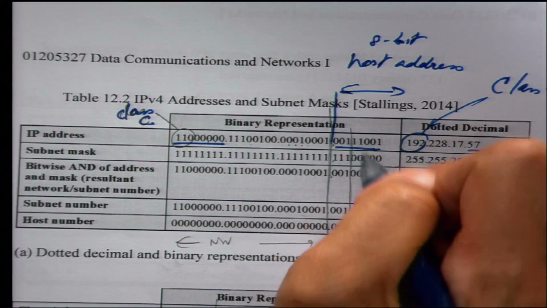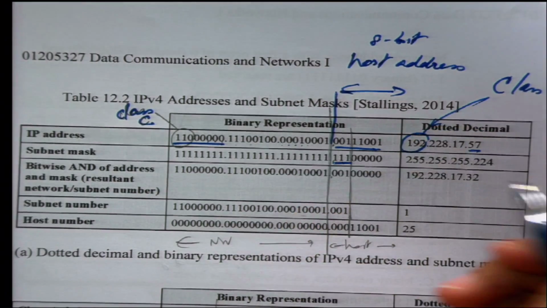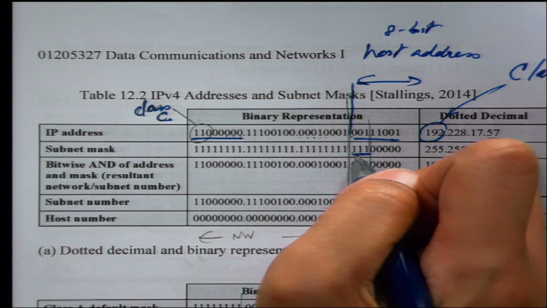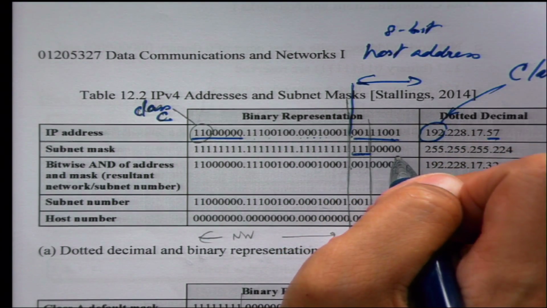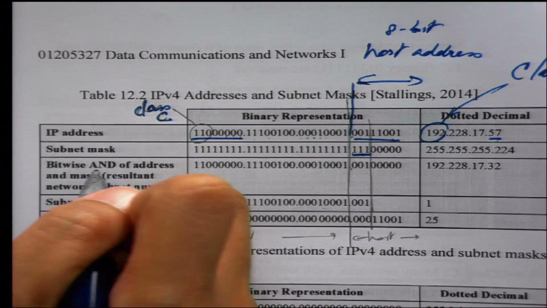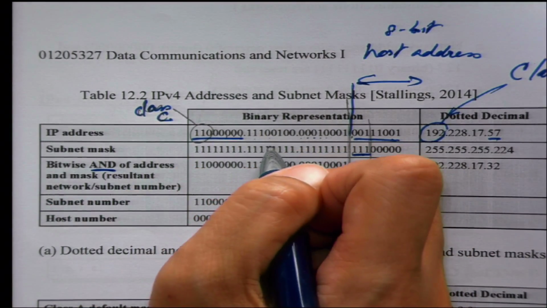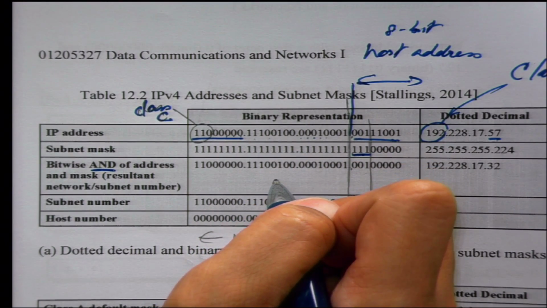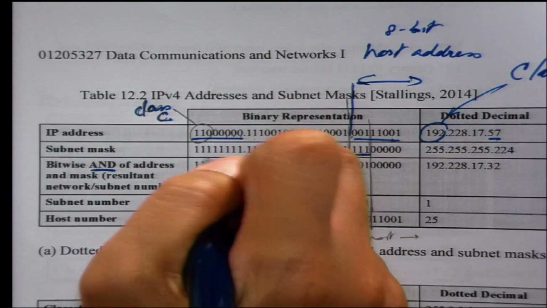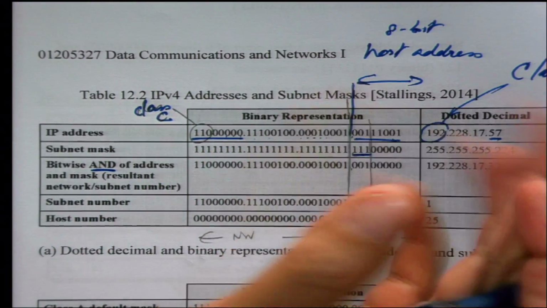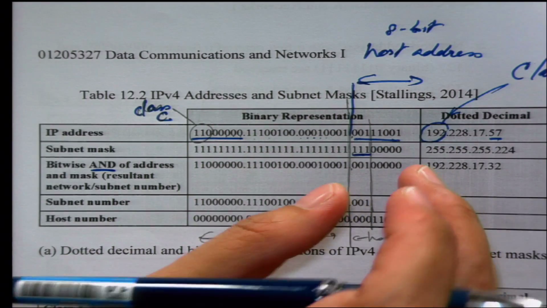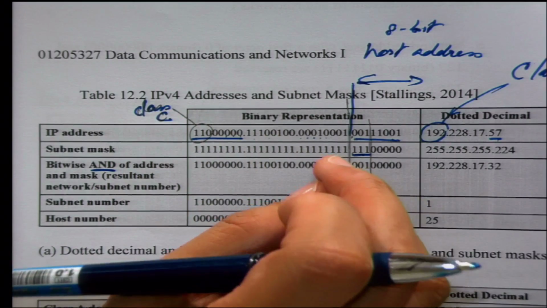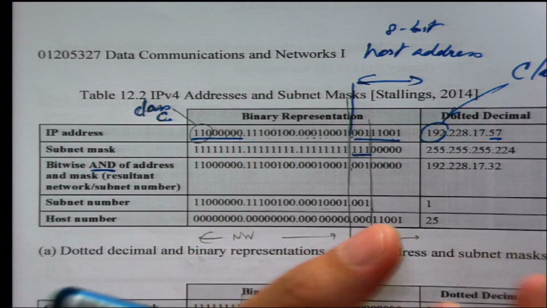In the 8 bits, you have a mask here, the mask is all 1s, and also 3 bits here as a mask, and then all 0s here. Then when you do the bitwise AND of these two, what do you get? When you do the AND, if the mask is 1, when you AND something, you get that same thing. But if the mask is 0, when you AND something, you get all zeros.